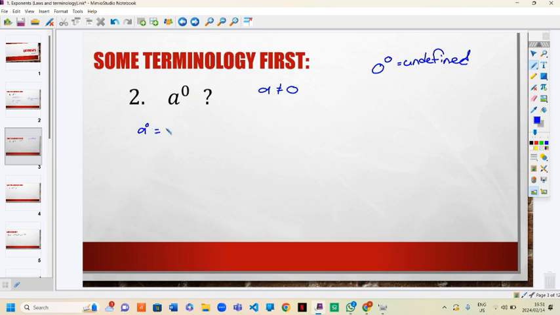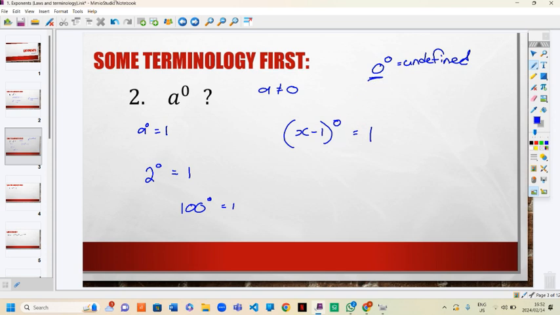So a to the power of 0 is always equal to 1. That means 2 to the power of 0 is 1. 100 to the power of 0 is 1. A bracket to the power of 0 is 1. Anything raised to the power of 0 is 1, except for 0. So please remember that.